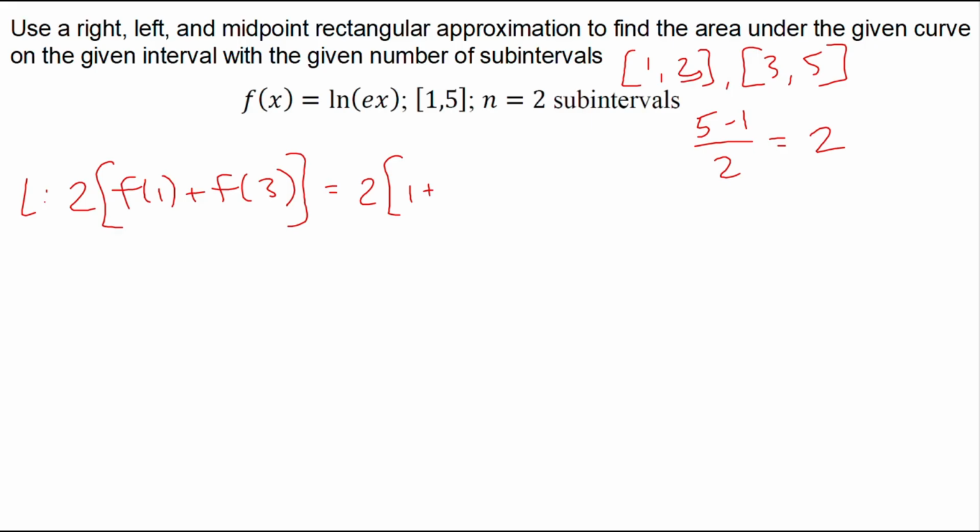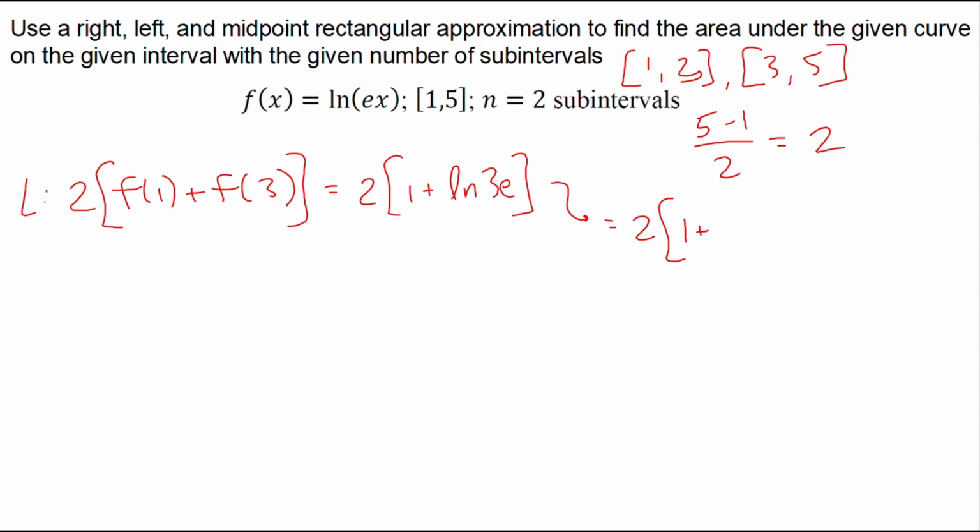Plus, if we plug in 3 to that, we've got the natural log of 3e. And then we could simplify this down a little bit, right? If we rewrite this, it's 2 times 1 plus the natural log of 3e.